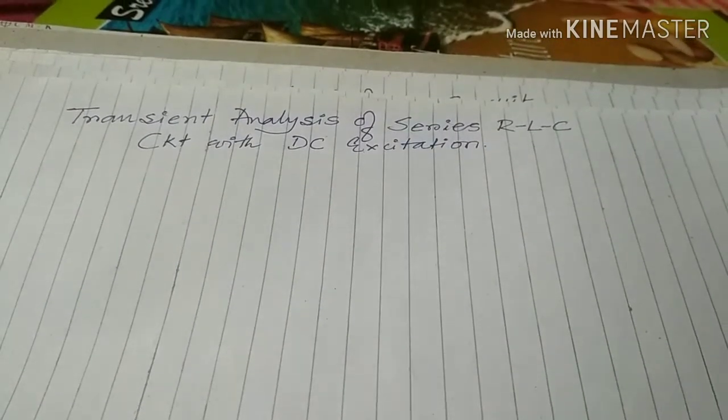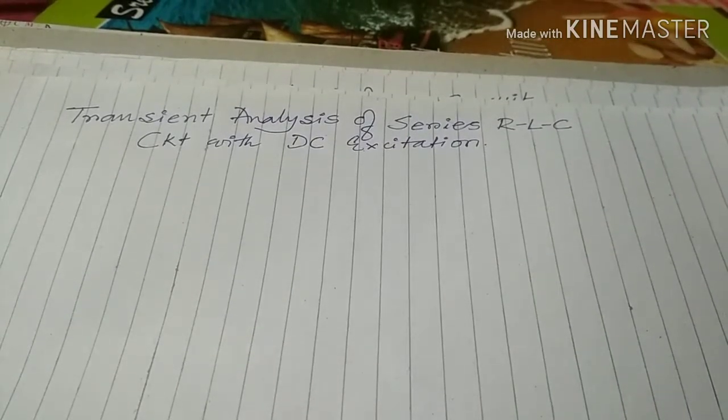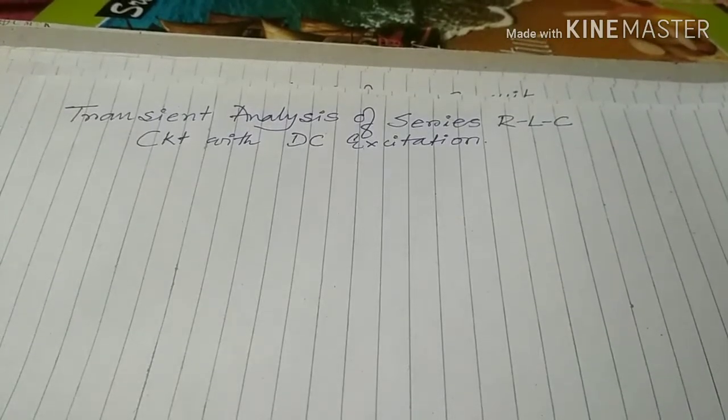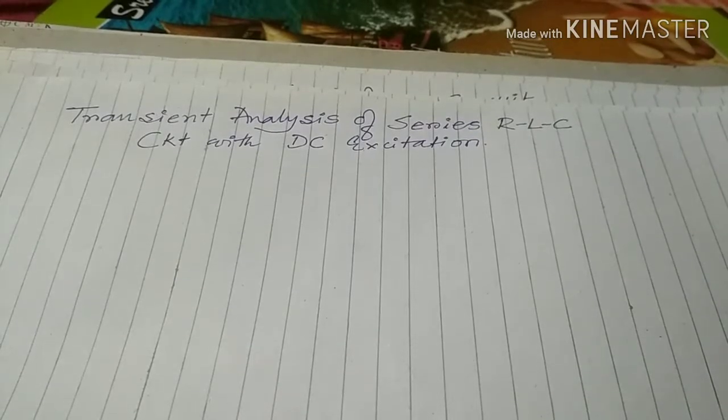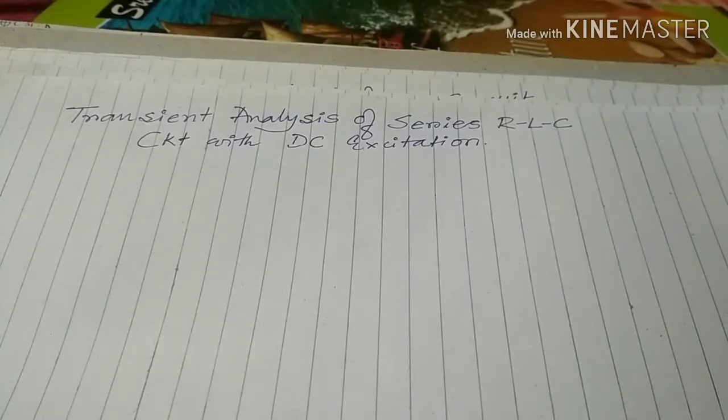Before starting this topic, I note that in the previous two videos I described time domain analysis of series RC and RL circuit with DC excitation. They are first order circuits, but in this video I am going to discuss series RLC circuit. This is a second order circuit.